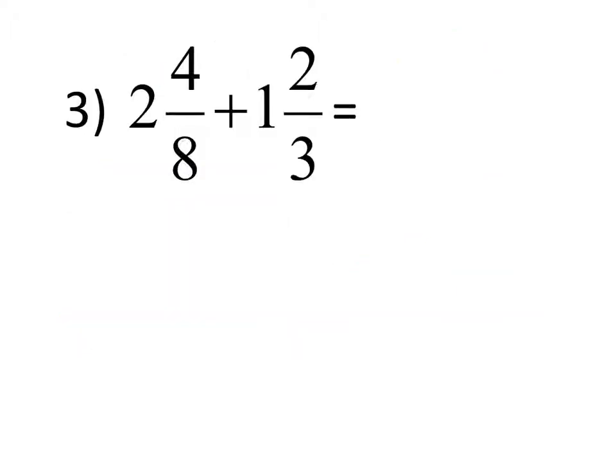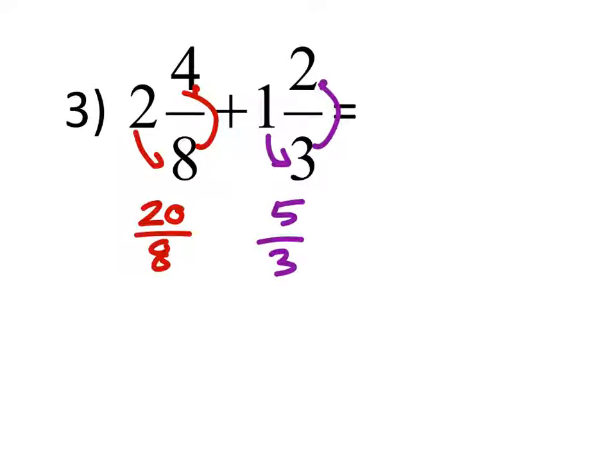Once again, we need common denominators, but let's change these into improper fractions first. So 2 times 8 plus 4, 16 plus 4 is 20. Then I got 1 times 3 is 3, plus 2 is 5. So 5/3, and we're adding these. But now I need those common denominators. So I'm going to take this 3 denominator and multiply it over here by the 20 and the 8.